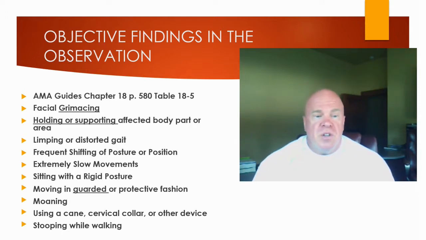So if you notice this list of pain behaviors described in Table 18.5, most of these pain behaviors are associated with very specific injuries. Some of these pain behaviors we would expect to see only with certain specific injuries, and we would not expect to see them with anything but that specific injury.